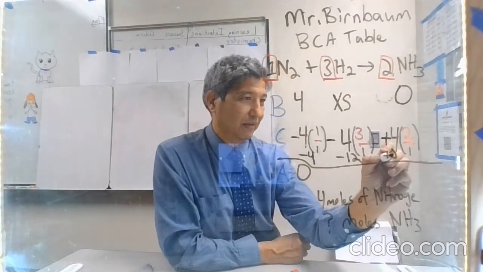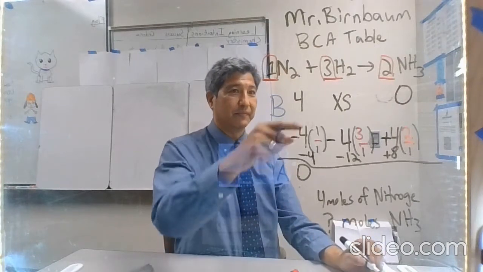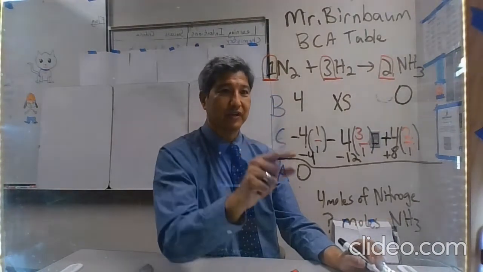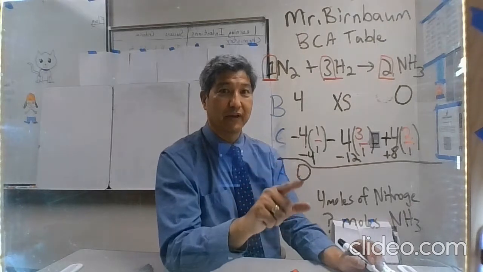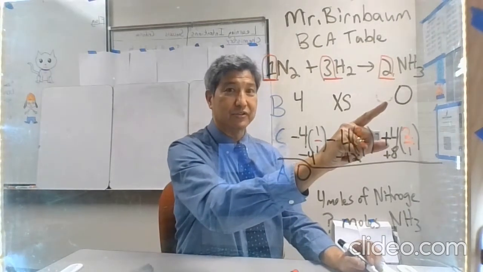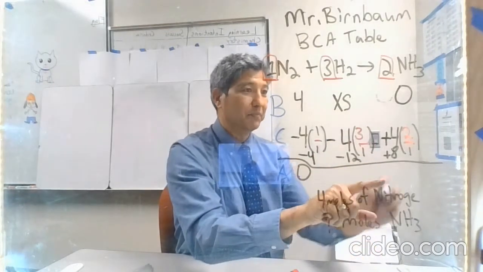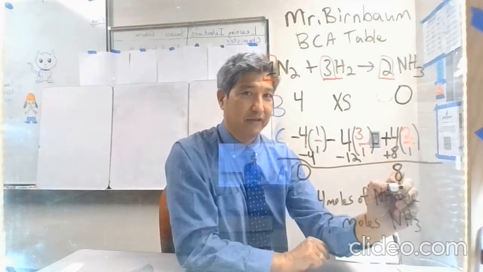So I've got a plus 8 here. Okay. So as I have 4 nitrogen, and I use up 4, I have 0. If I started with 0 NH3 and I gained 8 moles, how many moles will I end up with? Well, I'm going to end up with 8 moles.